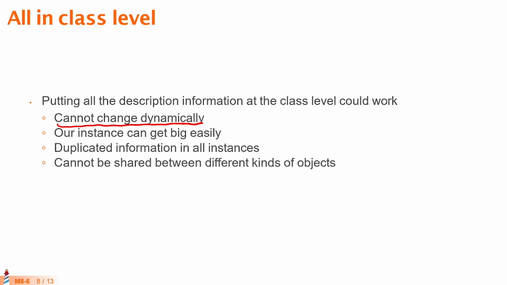And also, our instance is going to get really big because we start having all the information related to this movie. Moreover, we are going to have duplicated information in all instances.